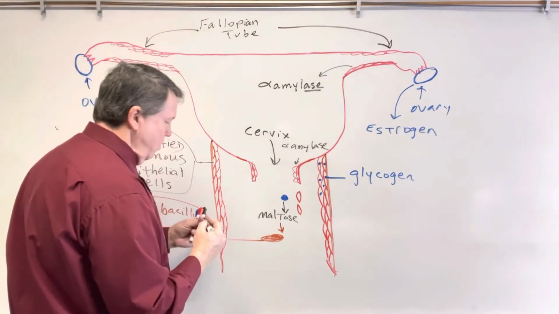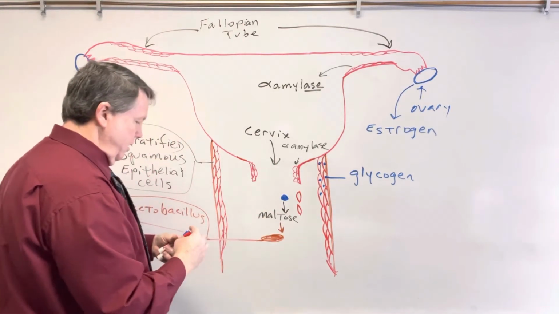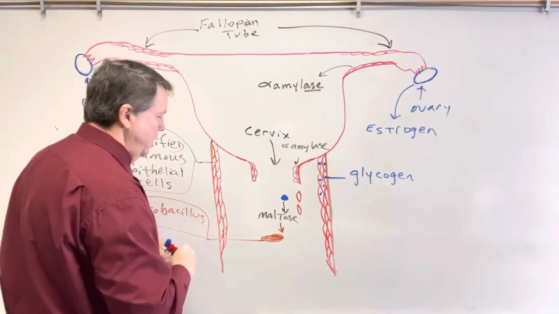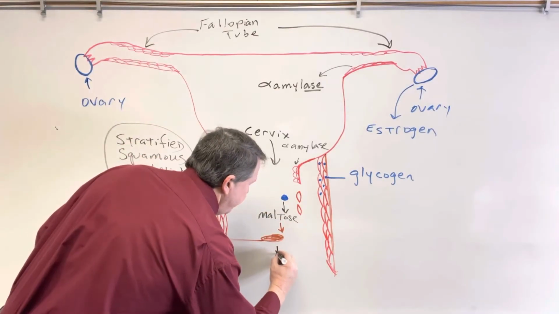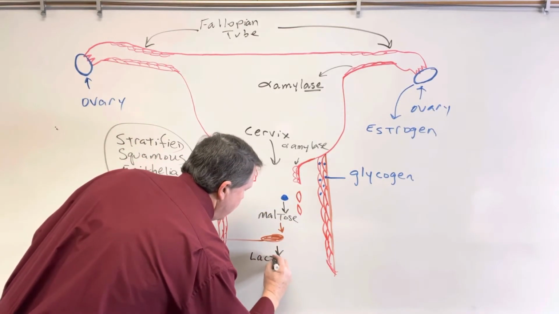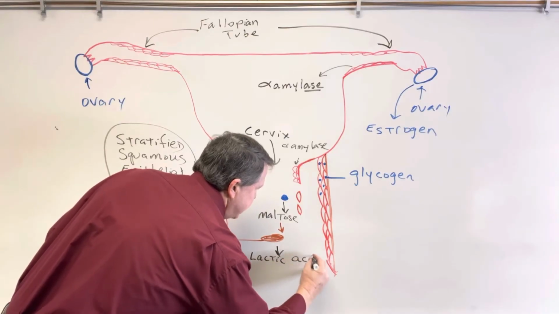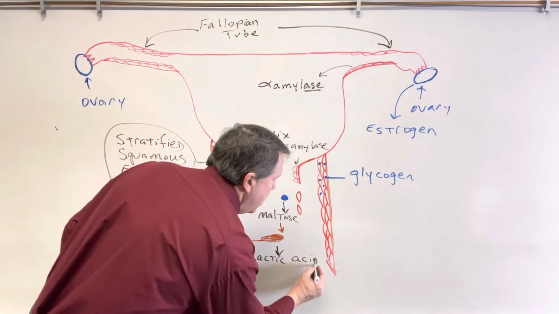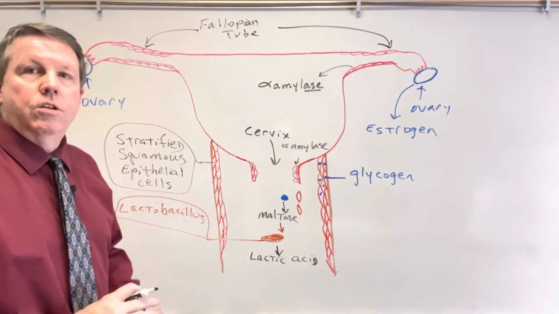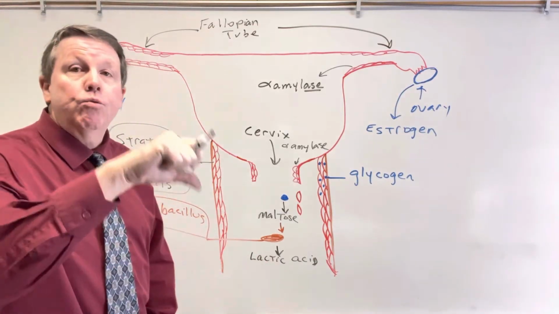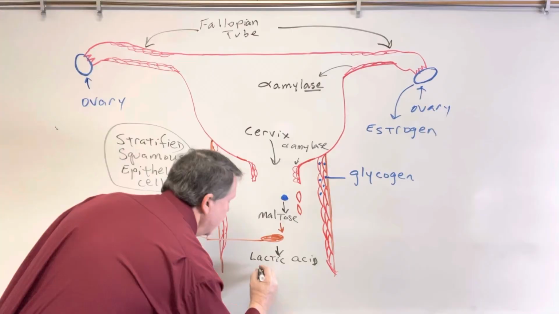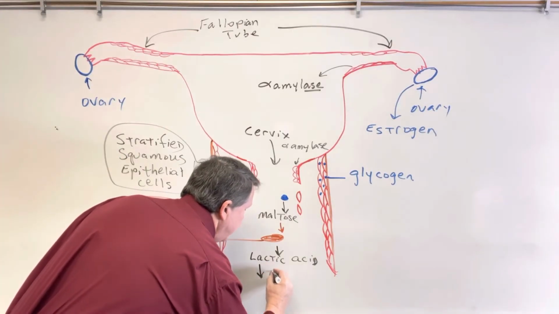What this is going to do is convert that maltose into lactic acid. As you see, lactic acid is an acid. And as the acid builds up, it drops the pH inside the vagina. So we're going to get a decrease in pH.